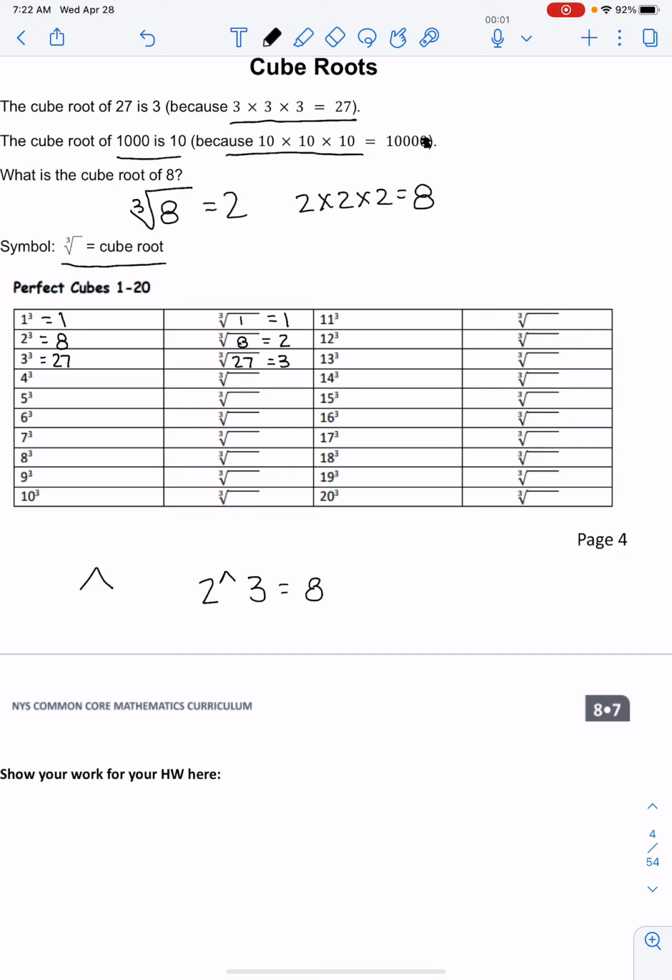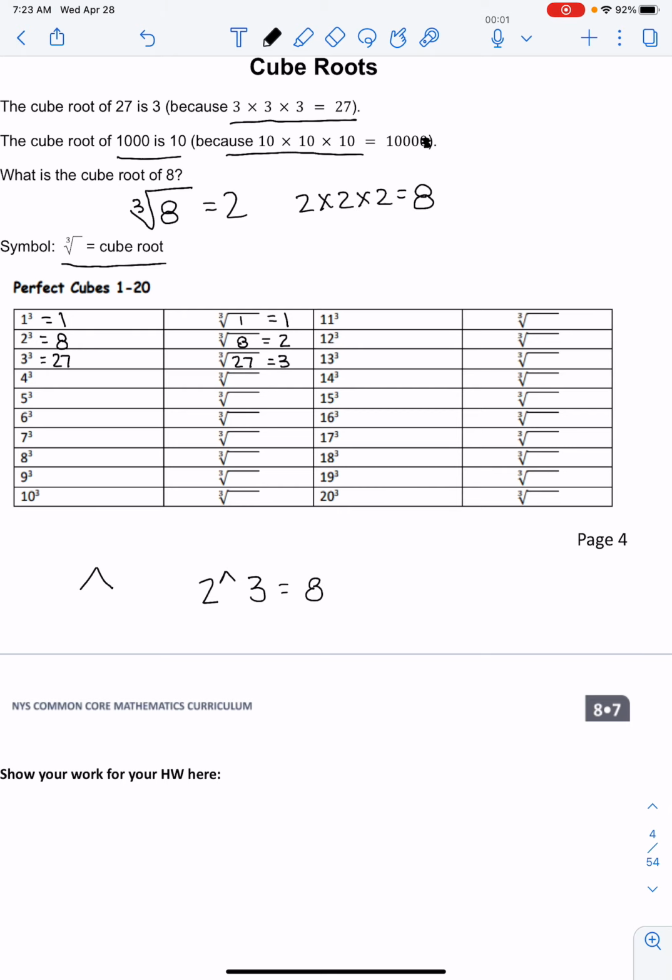And the cube root on our calculators, to find the cube root of a number, I gotta find it. Oh, it is the second button.